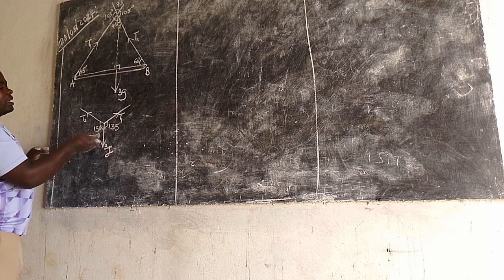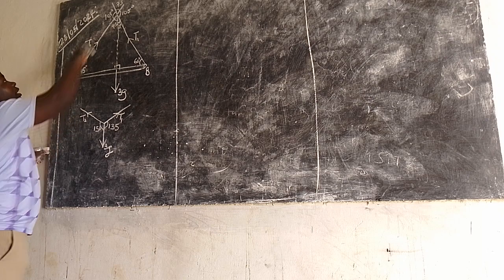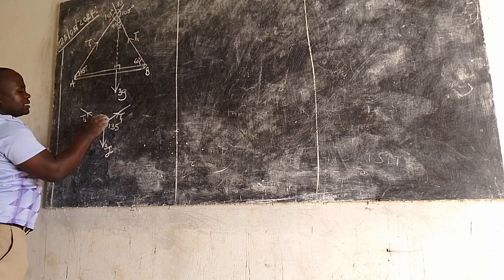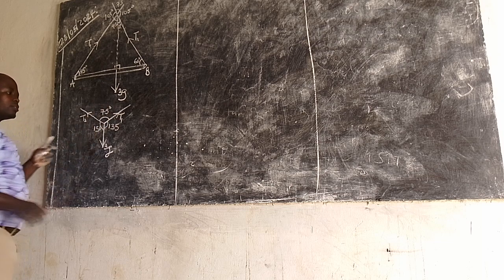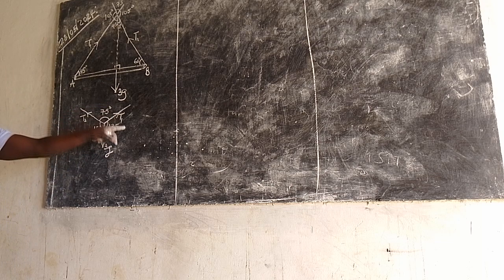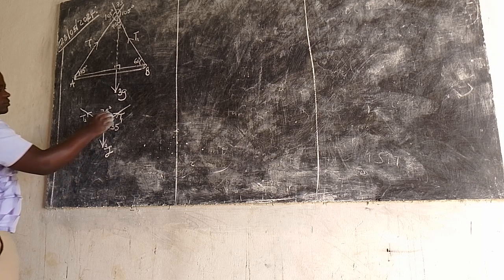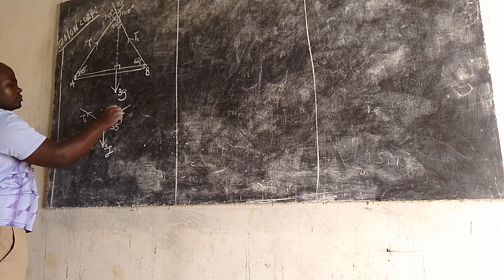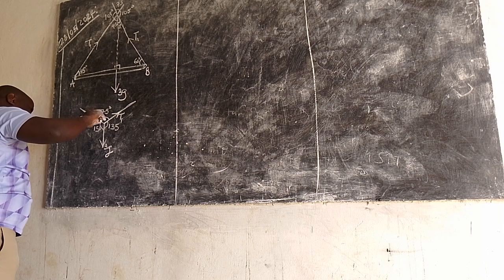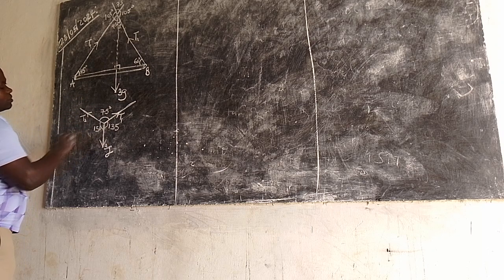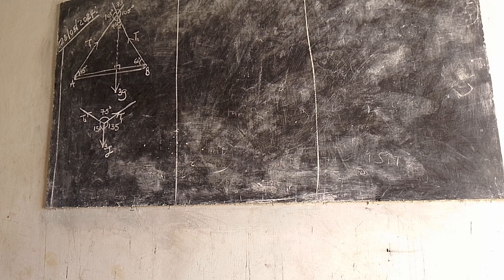Then, of course, the angle between the tensions was 75 degrees. Should you add them up and they don't total 360, then you are wrong. You add and see. So it's 360. This is an extract of the forces.